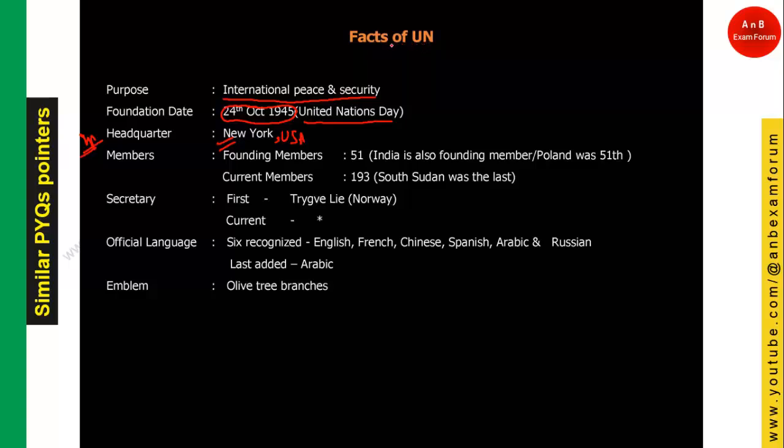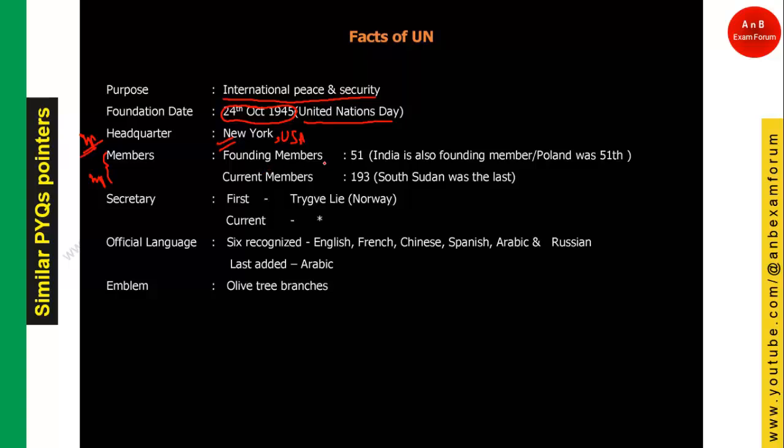And we have seen a lot of questions on the members also. Since it is an organization, it will have members as countries, not as persons. At that time there were 51 founding members.